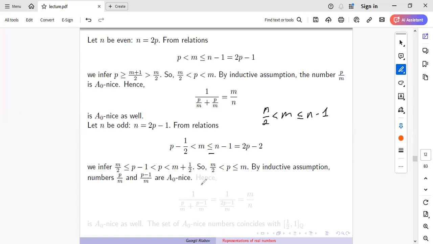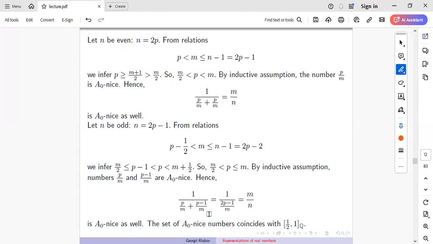Again, we have an inductive assumption that says that p over m and p minus 1 over m are nice. So it remains to take these numbers and take their sum. That will give us n divided by m, and the reciprocal is m over n.